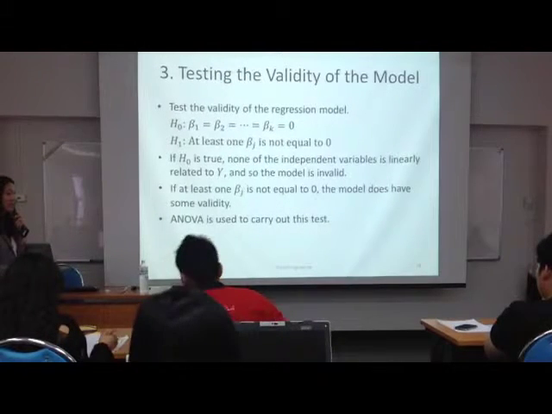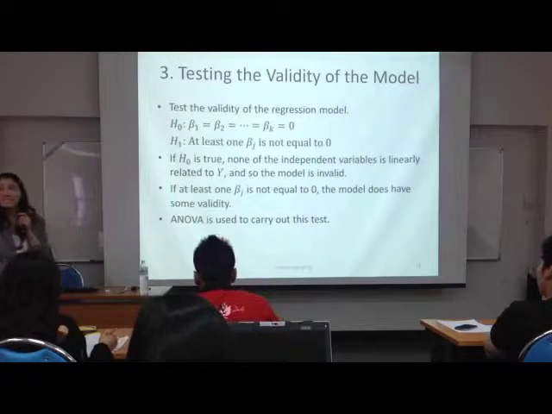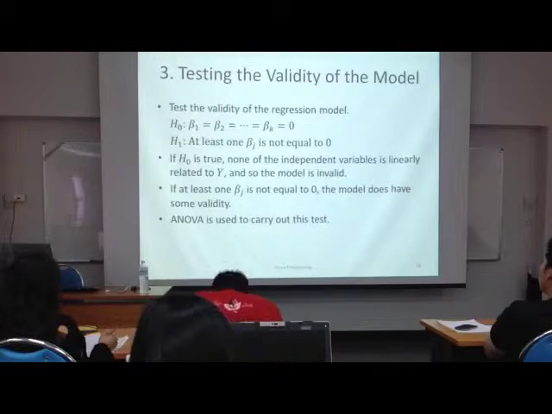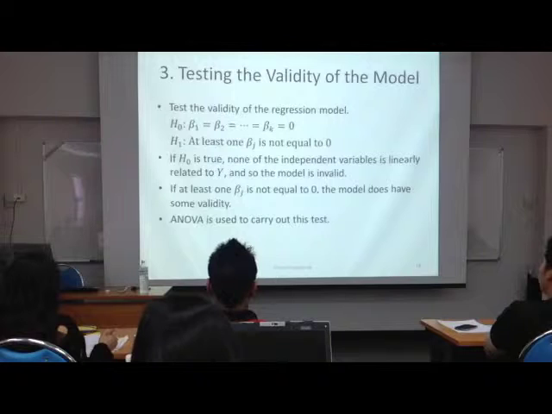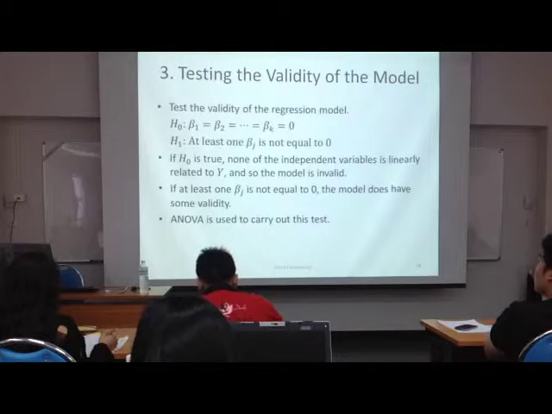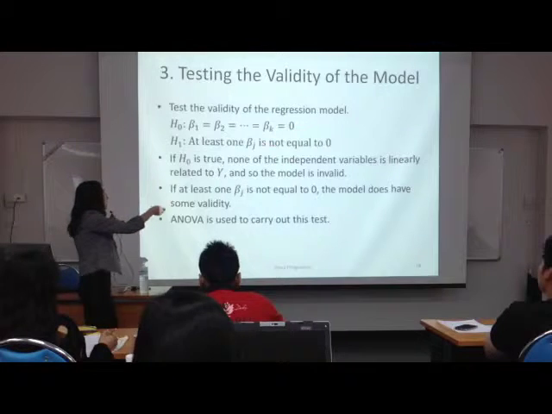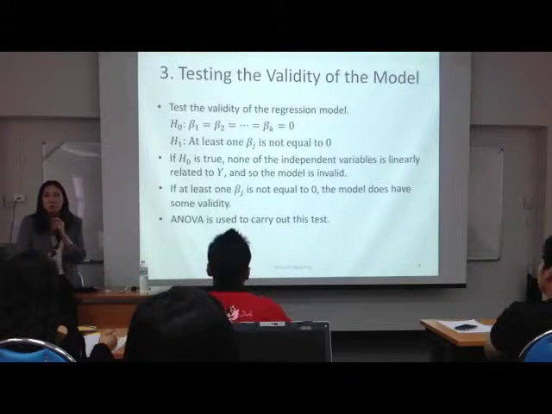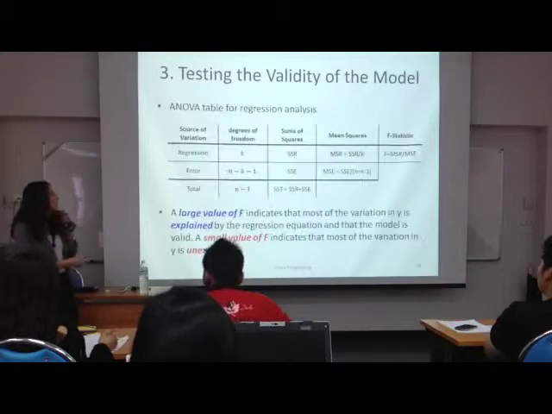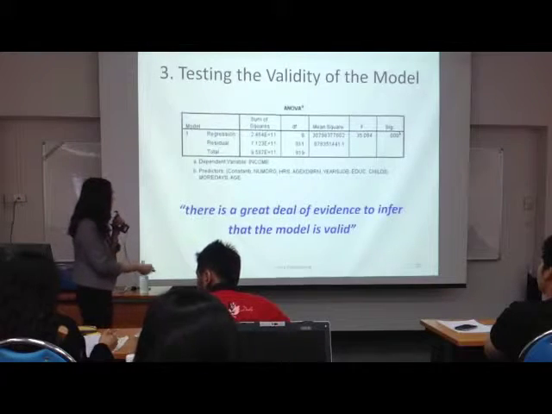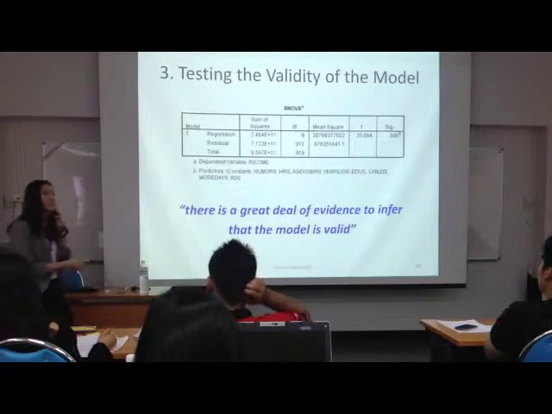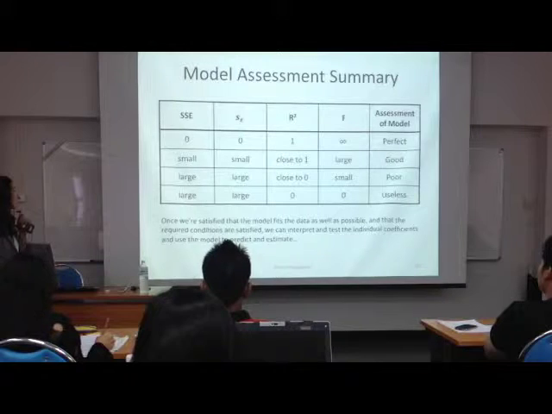So what does it imply? Whether our model fits the data or not? Yes, right? That means that at least one x can explain y. So our model is fine.